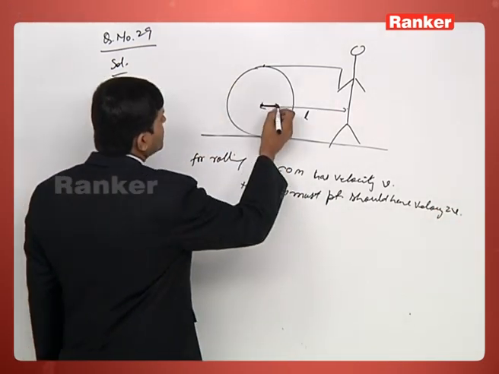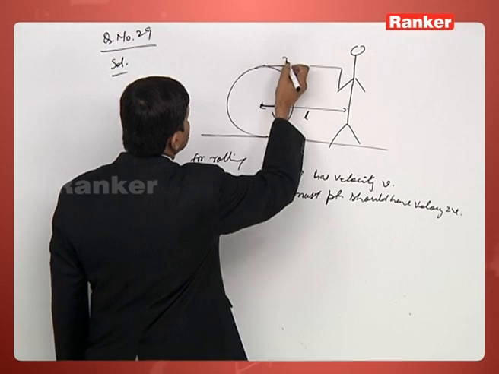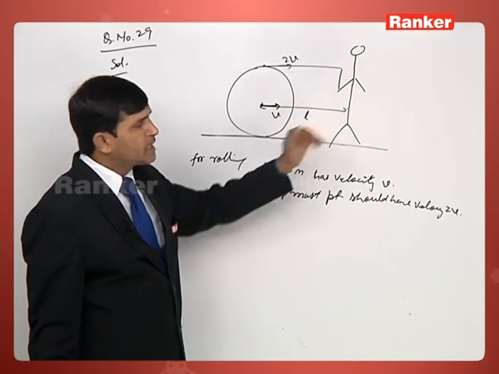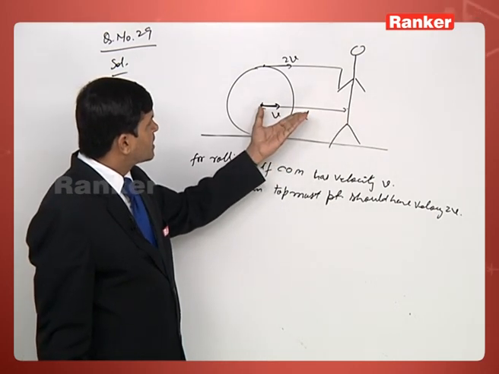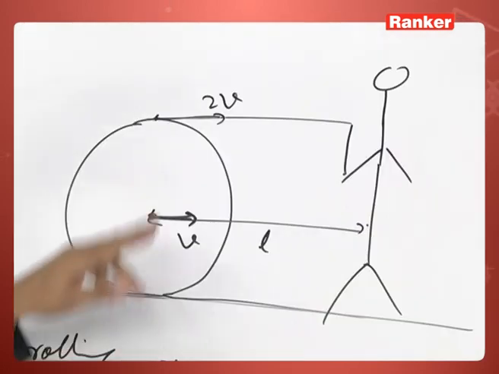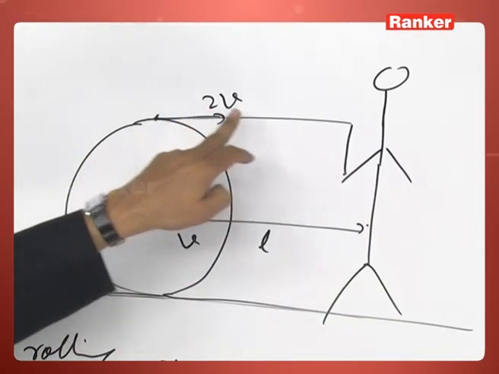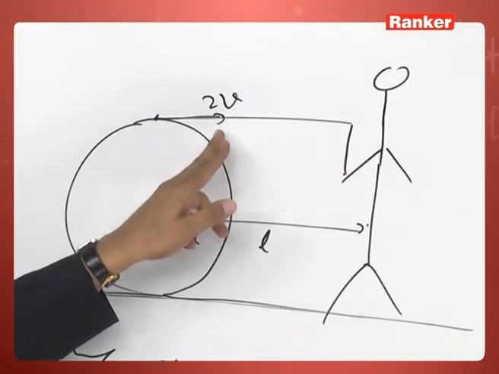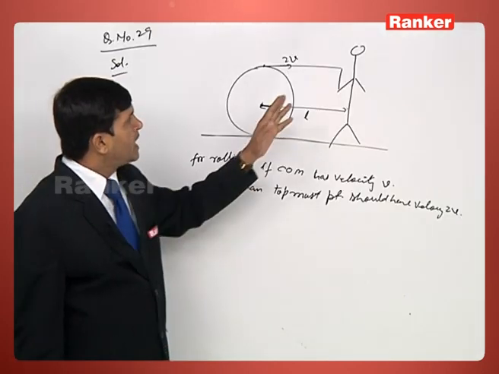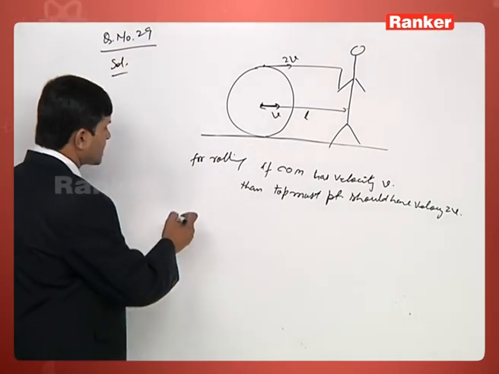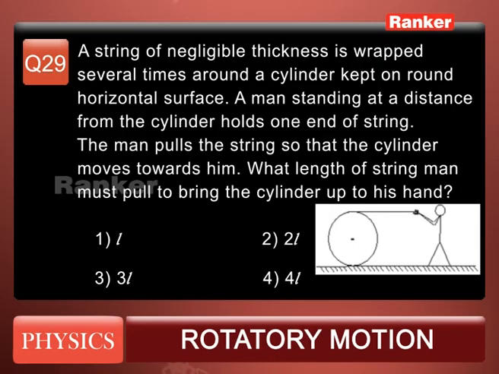When the cylinder comes from here to here, the center of mass has to travel L distance. The topmost point should travel 2L distance, because the velocity of that point is double. So the man has to pull the string by length 2L. So the correct option here is option number 2, which is 2L.